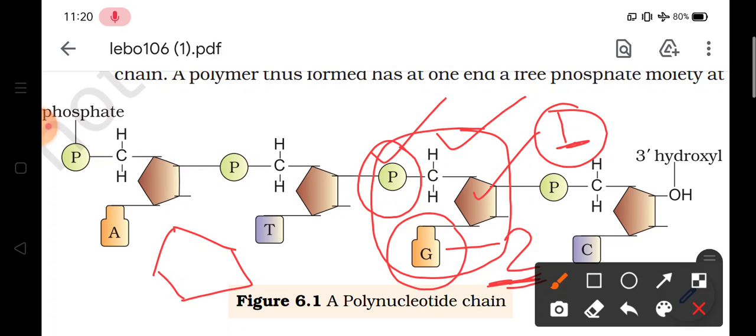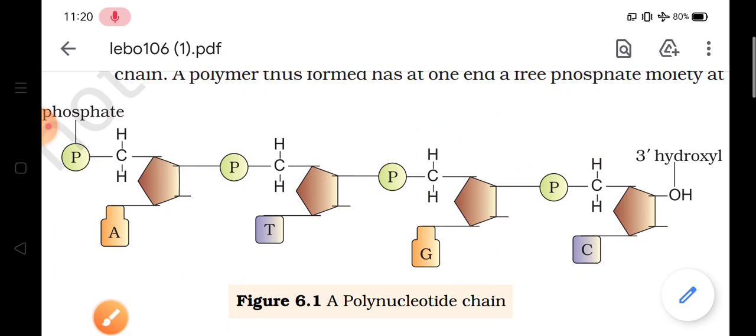Now nitrogenous bases, as we are able to see in this diagram, at one place it is written as T, at another place as A, here as G, and here as C, and all these are nitrogenous bases. So nitrogenous bases may be A, G, C, and T. There are different types of nitrogenous bases.